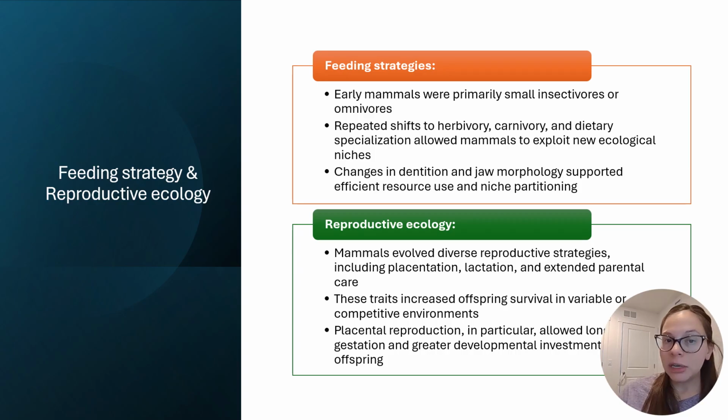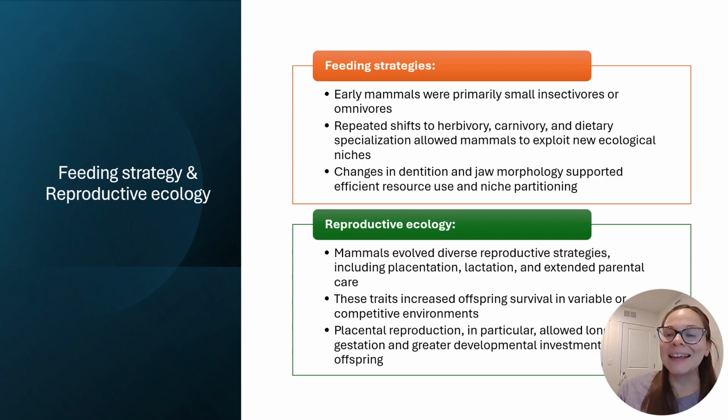For feeding strategies, feeding specialization determined where mammals could live. Reproductive strategies influence how successful populations could persist and spread. And together, these traits facilitated rapid diversification and broad geographic expansion.